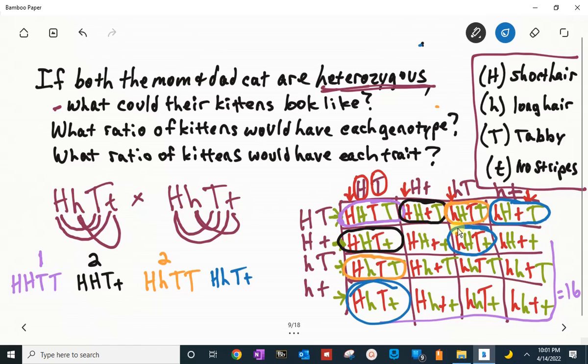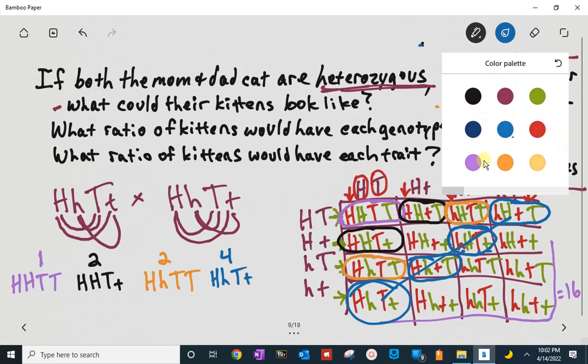It doesn't matter what order they're in. It just matters that they're there. So capital H, lowercase h, capital T, lowercase t. And here's another one. We have a capital H, lowercase h, capital T, lowercase t. And it looks like that's it. So we kind of have a tic-tac-toe here, or 4 in a row. So that's 4 of them. Now let's move on to the next square.